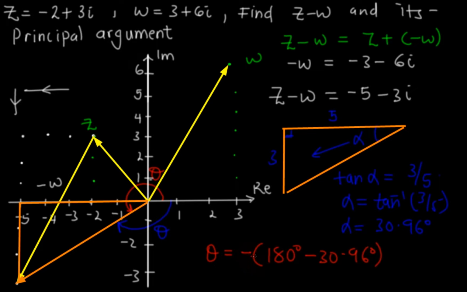I'm taking a negative, reason being I'm starting from the positive real axis, moving in a clockwise direction. And when we measure angles in a clockwise direction, we must apply a negative. Therefore, theta is equal to negative 149.04 degrees, in a clockwise direction.